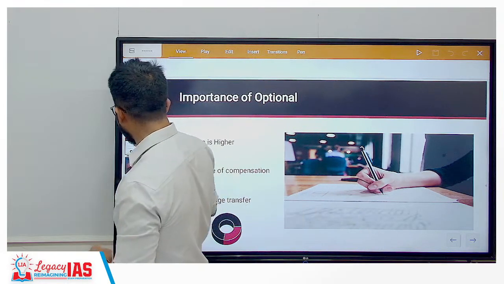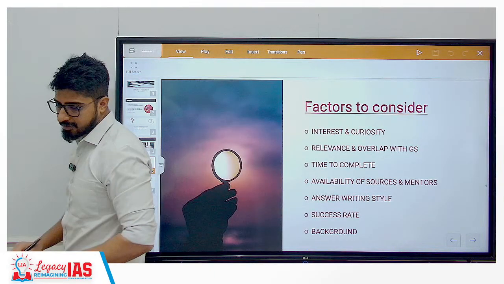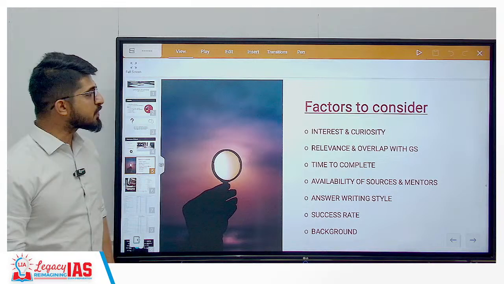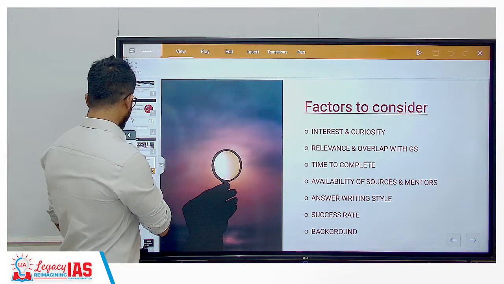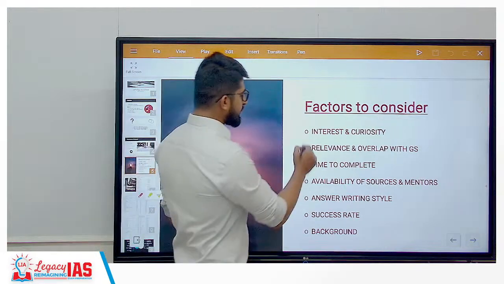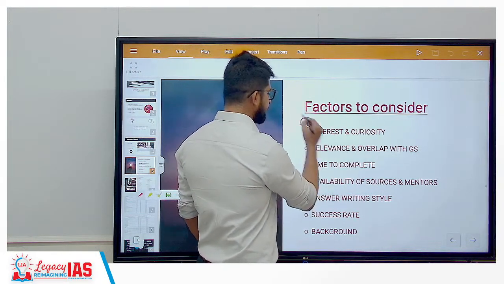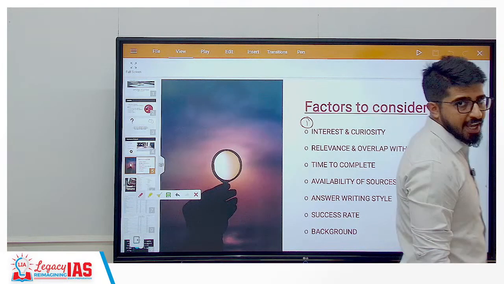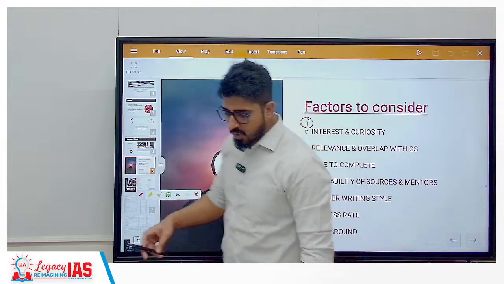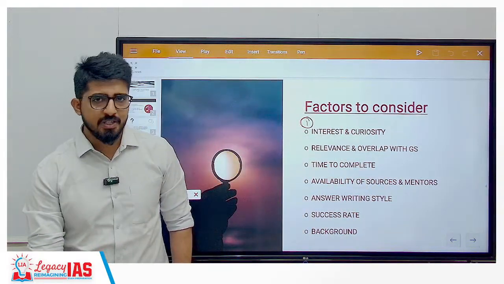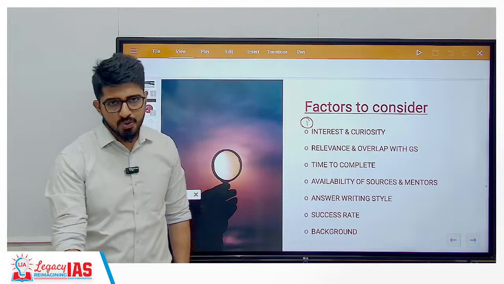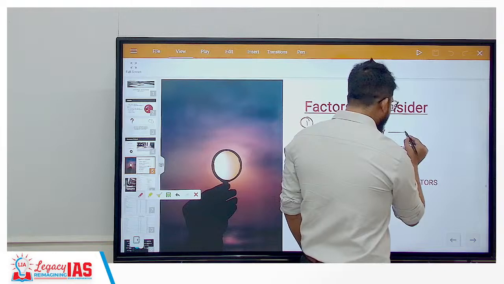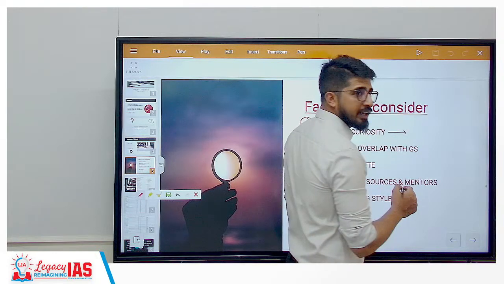What are the factors that we are supposed to consider? Here are the factors that we are supposed to consider. The first and the foremost thing, this is the number one priority to choose an optional: interest and curiosity. Without the interest and curiosity, you are not supposed to choose an optional. The reason is that when you look at the syllabus of any optional, it is quite in-depth.